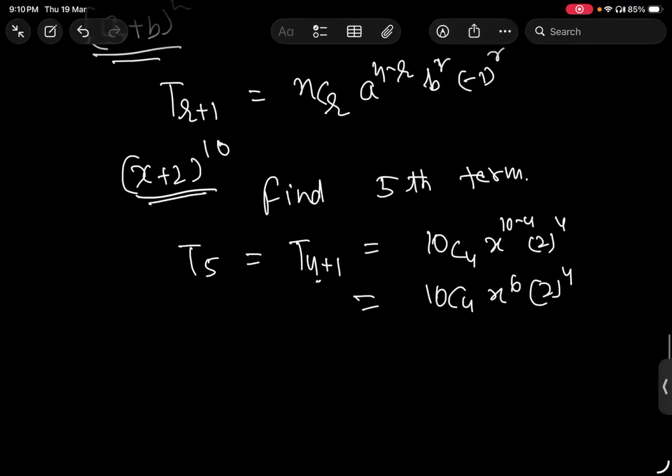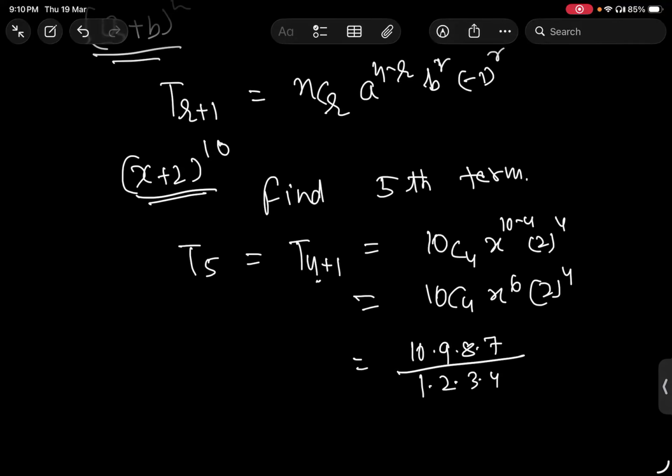Now we will solve it. So 10C4 will be 10 into 9 into 8 into 7 over 1, 2, 3, 4. Or, factorial 10 divided by factorial 4 and factorial 10 minus 4, that is 6.